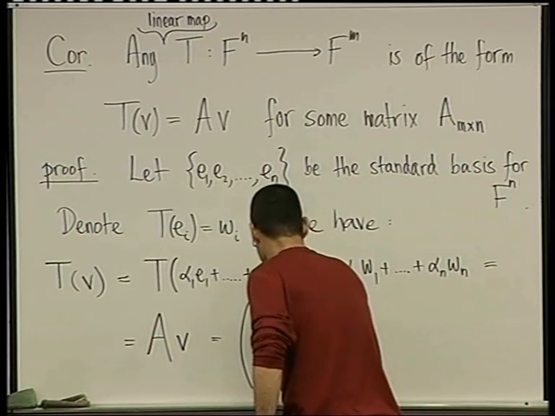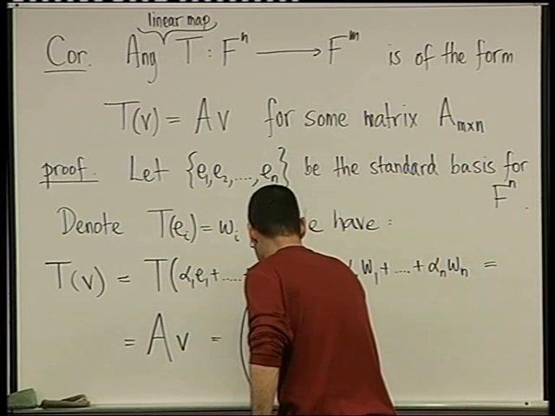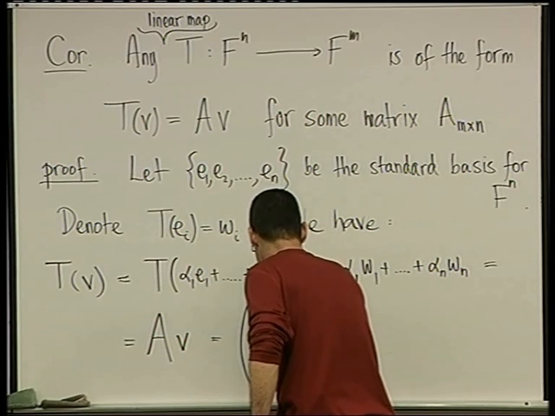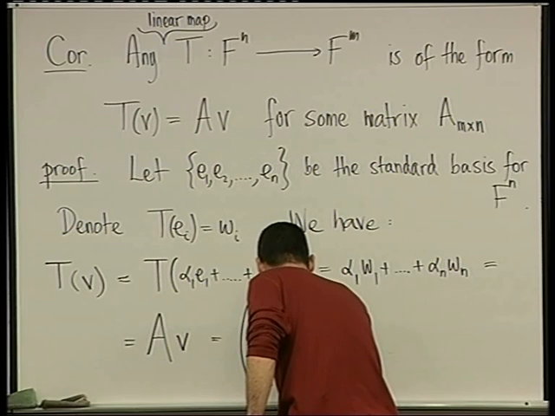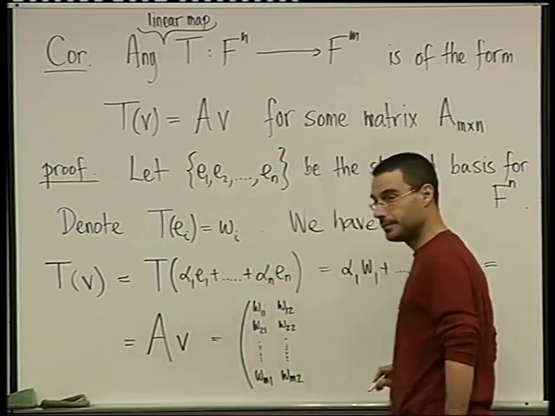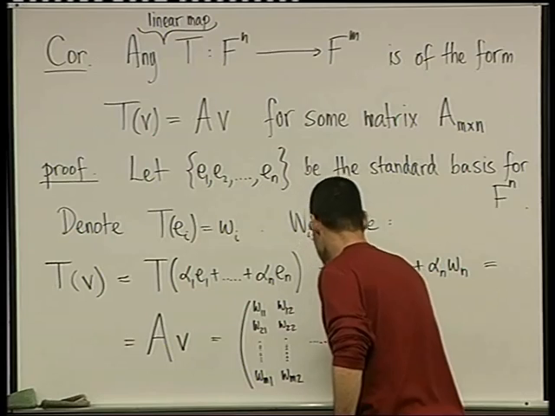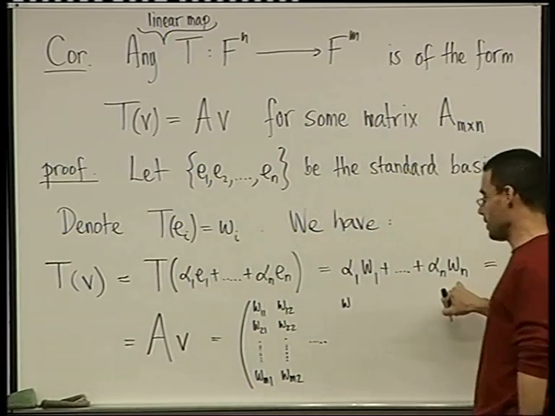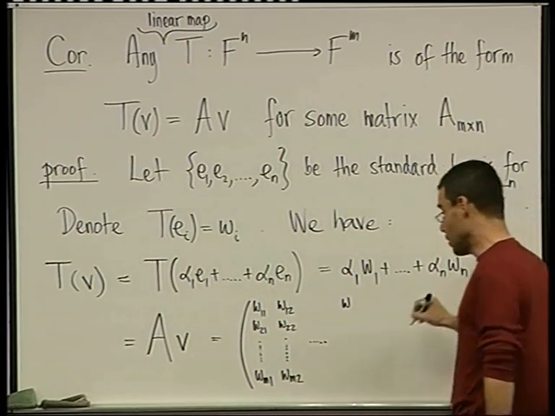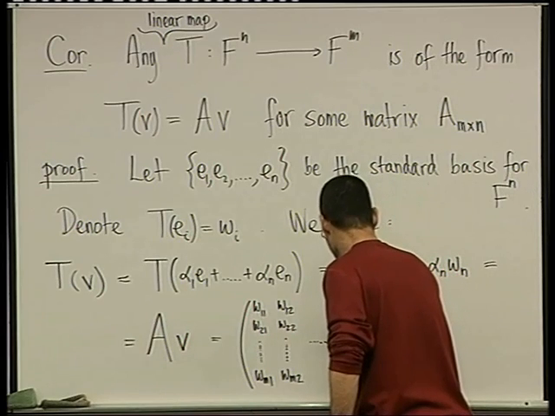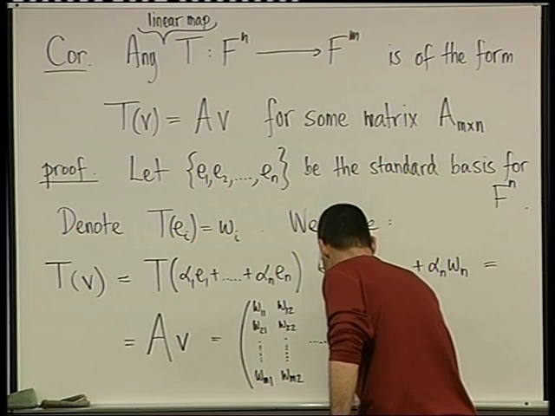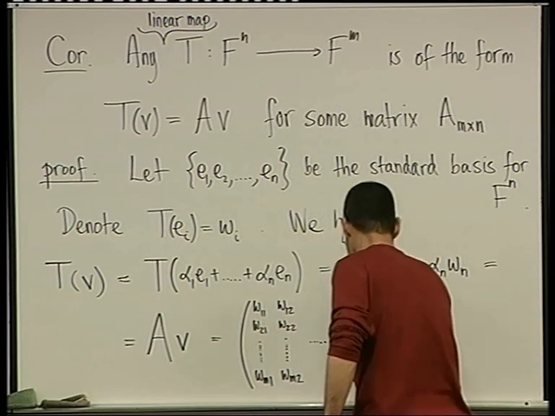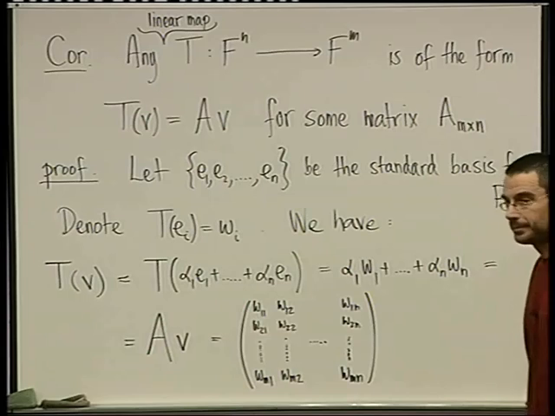And the components of W2 are going to be called W1,2, W2,2, all the way up to Wm,2. And so on, all the way up to the components of Wn. I'm going to call them W1n, W2n, all the way up to Wmn. Right?